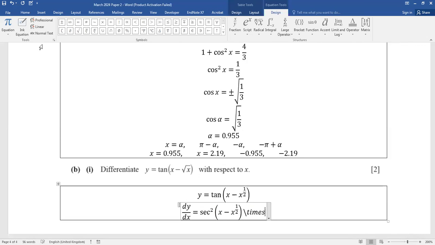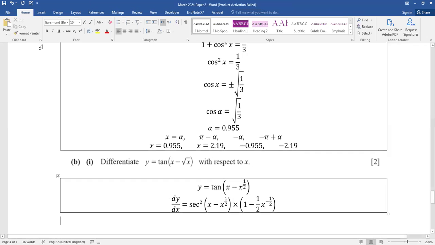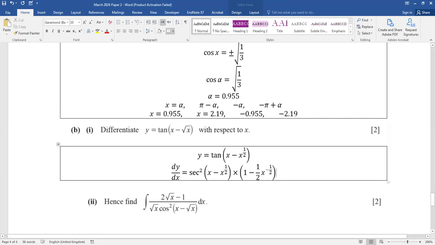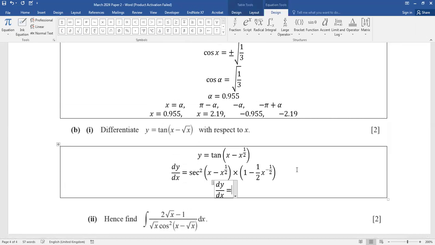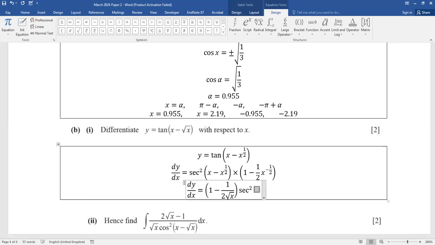This will be multiplied by the derivative of the angle, 1 minus half x to the power negative half. Because the question is not asking for simplification, that is not needed. This answer is enough for this part. And hence fine. So now we will have to simplify it because it wants us to use the reverse differentiation. Dy by dx will be 1 minus 1 over 2 square root of x, into sec square of x minus square root of x.